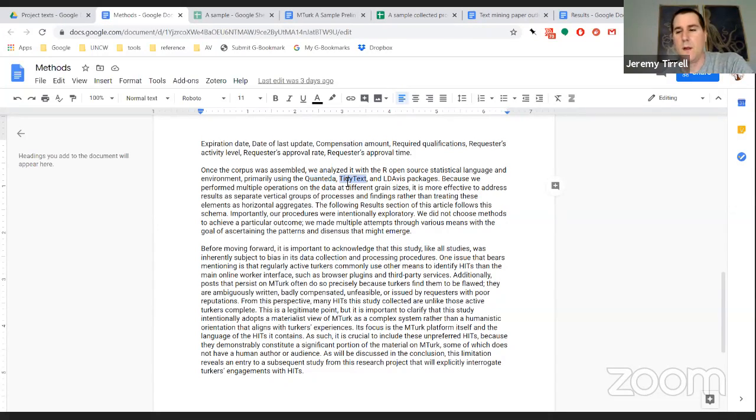Okay. And then the LDAvis package, which we've seen. That's the one that you may remember gives us that online interface of a topic model. You remember this. Yeah, and you could make adjustments on the fly.